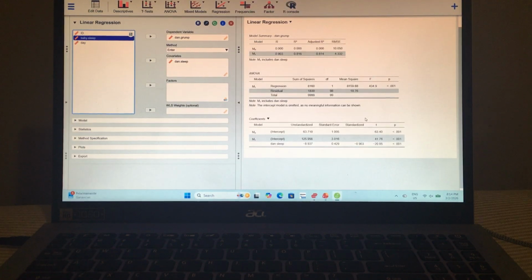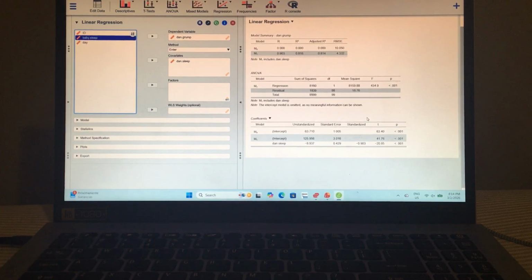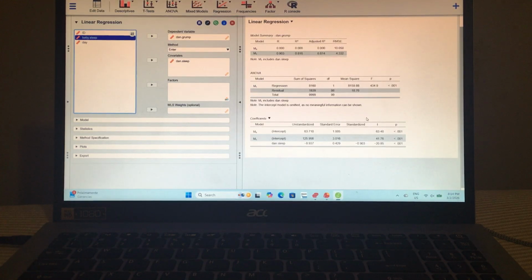Now there is a footnote down here at the bottom. So here's a fun fact. An F distribution with one numerator degree of freedom is equivalent to a T distribution squared, where the degrees of freedom for the T distribution are equal to the denominator degrees of freedom for the F distribution.